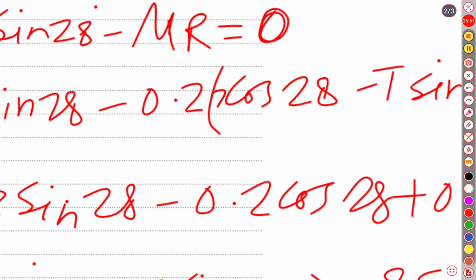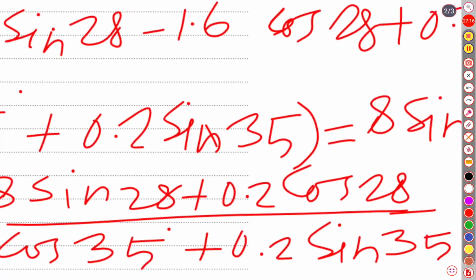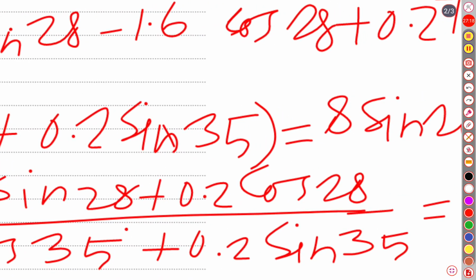So 8 and 0.2, it is going to be 1.6. It is not 0.2 cos 28, it is going to be 1.6 cos 28.